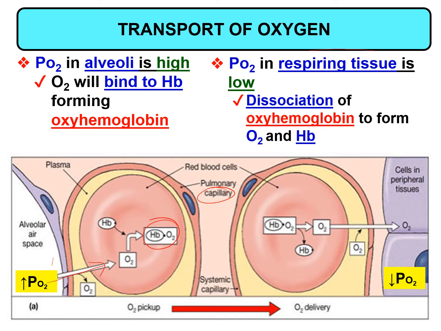While in respiring tissue, the partial pressure of oxygen is low because the oxygen is being used by the tissue itself. So the oxyhemoglobin will have the tendency to dissociate and release oxygen. So oxygen will diffuse from erythrocyte into the respiring tissue.